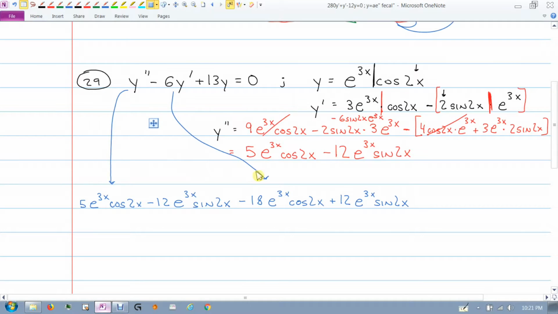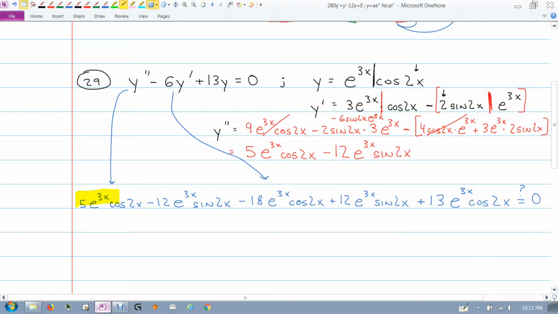And then plus 13 times y. So if I do 13 times this, I get plus 13 times e to the 3x cosine 2x. And the question is, is that 0? All right, where are my like terms here?